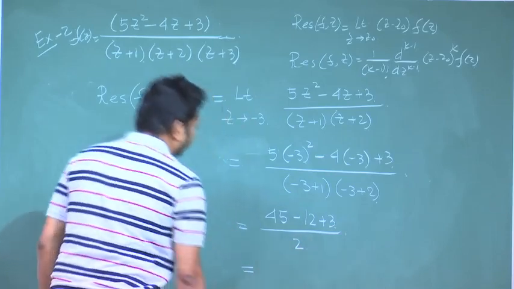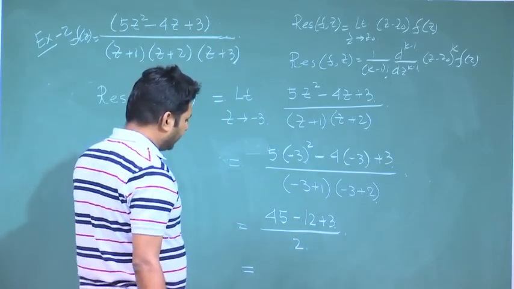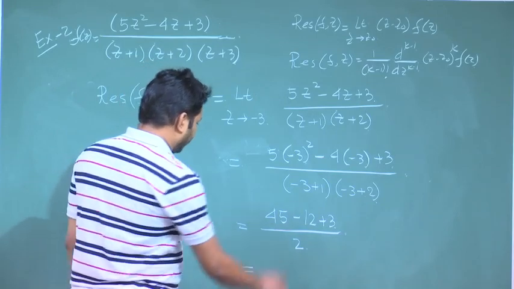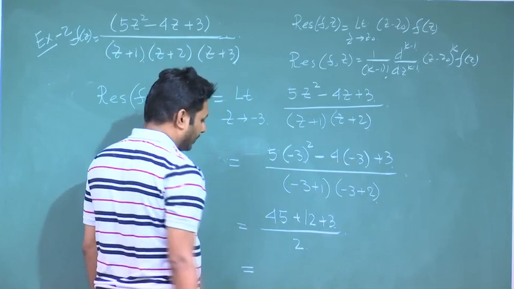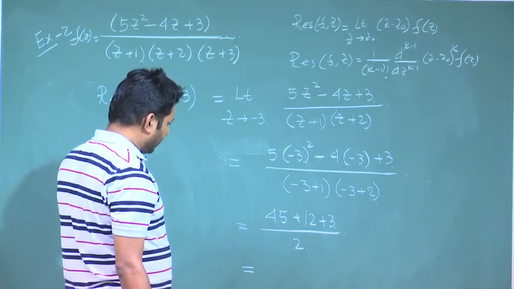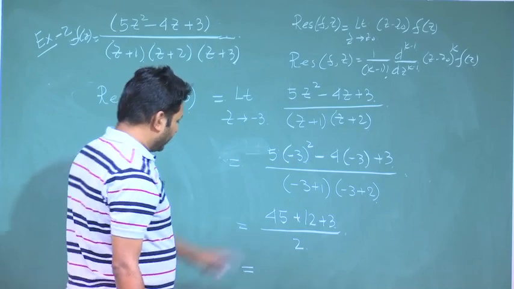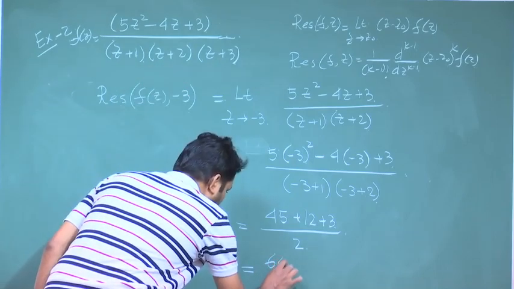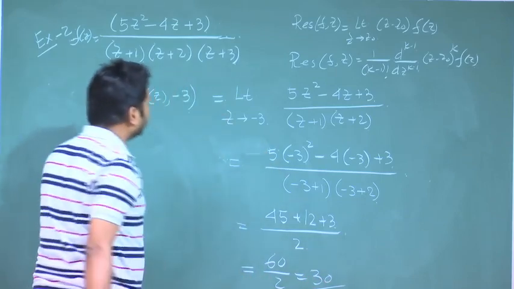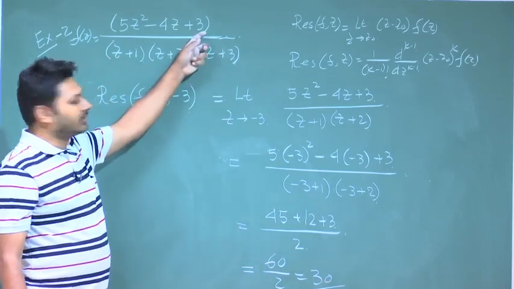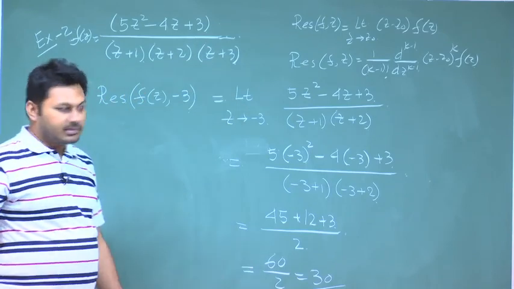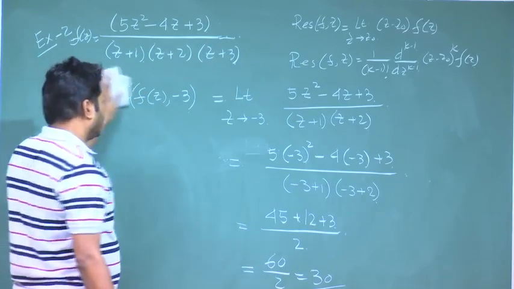So, 45 plus 12 plus 3 is 60, divided by 2. So, I will have 30. So, the residue of this quantity at z equal to minus 3 is 30.